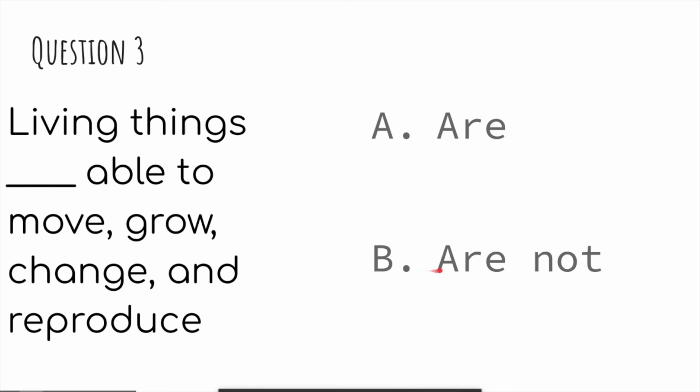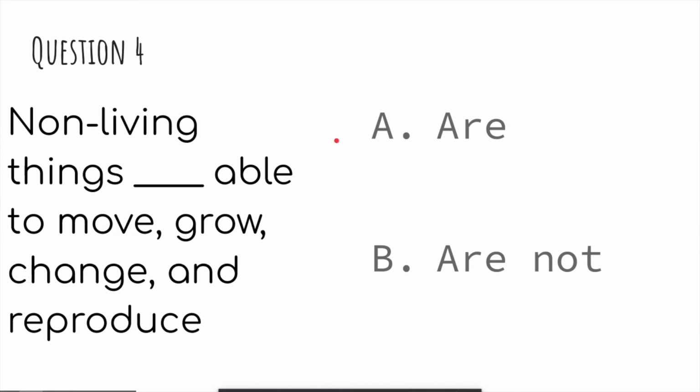Or is it B, living things are not able to move, grow, change, or reproduce? If you said A, are, that is correct. Living things are able to move, grow, change, and reproduce. Let's move on to question 4.